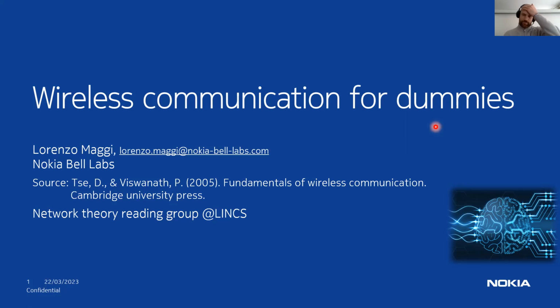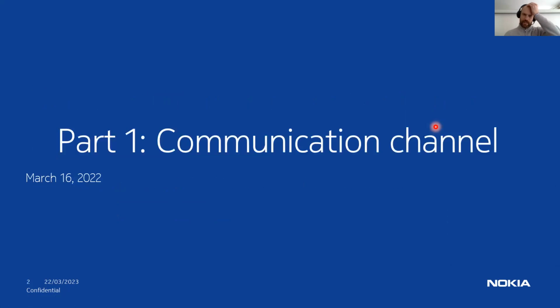So very briefly, last time basically we discussed the communication channel. So basically everything that happens between the antenna that transmits information and our mobile phone, and actually both ways.